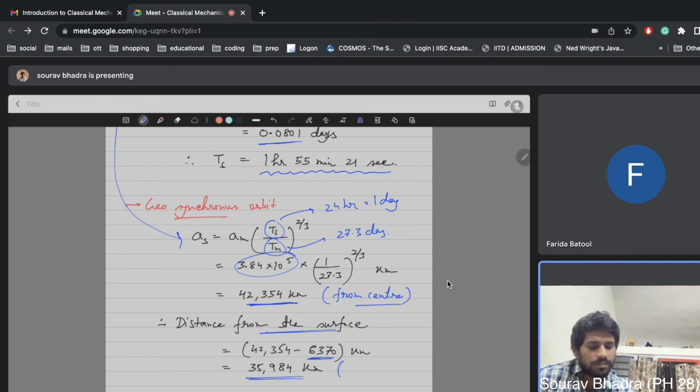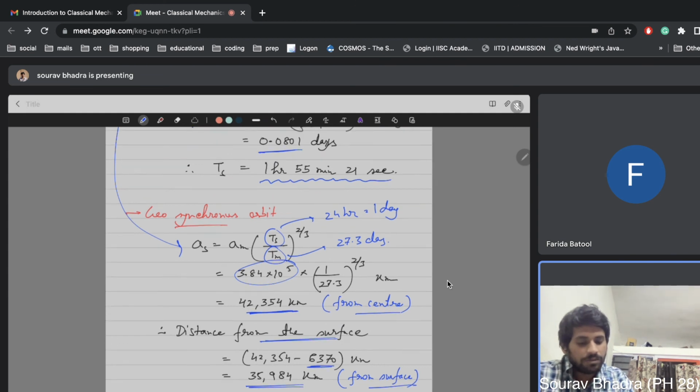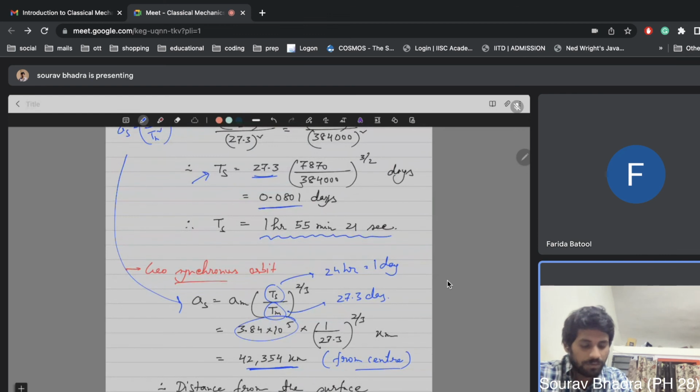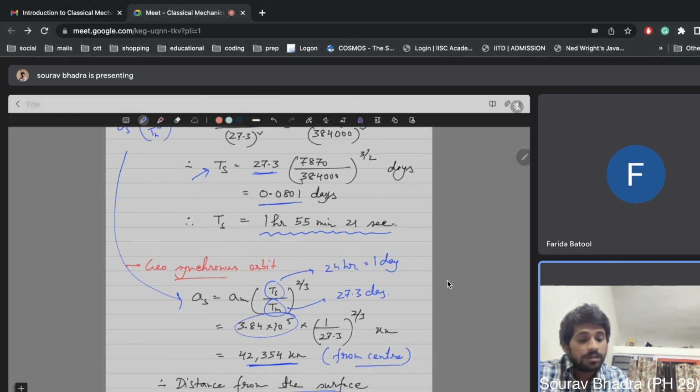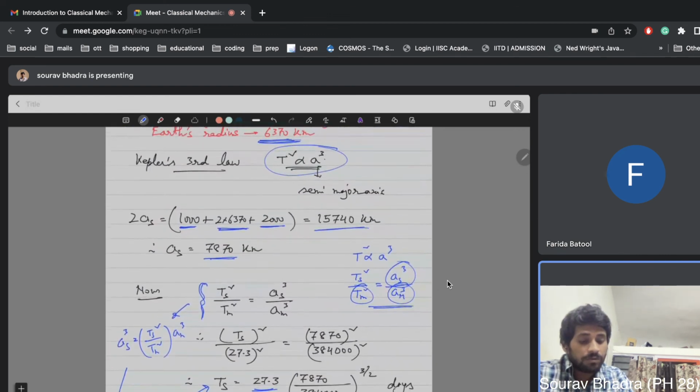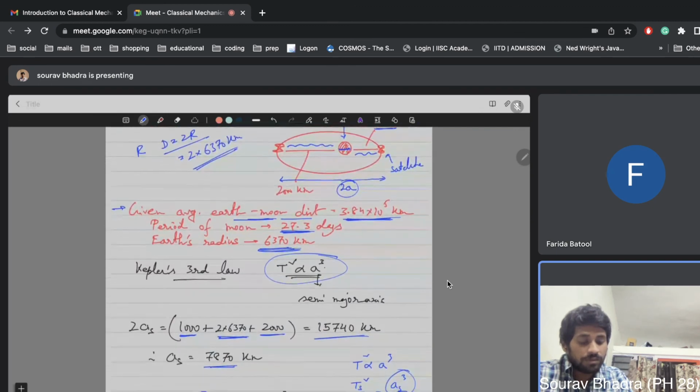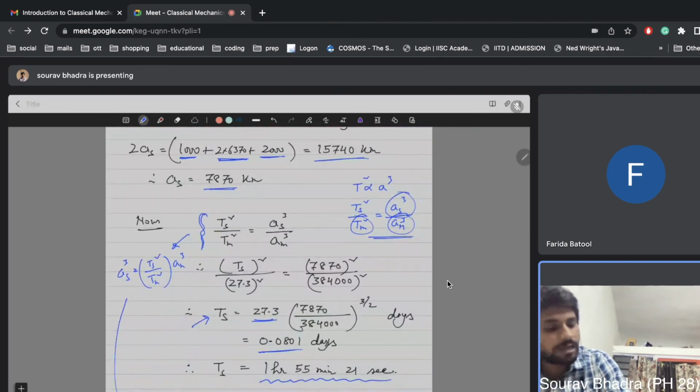So this is the distance from the surface of the earth. In this way, there are many small problems like this which you can calculate. You found the distance of a geosynchronous orbit, and for another satellite which is not geosynchronous, we calculated the time period using the earth moon distance and the time period of the moon as the base of our calculations.